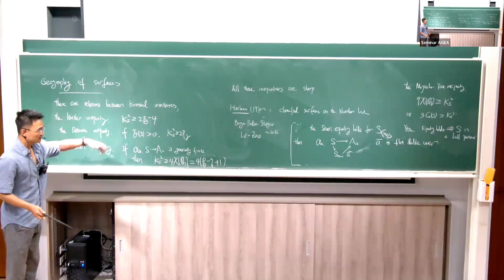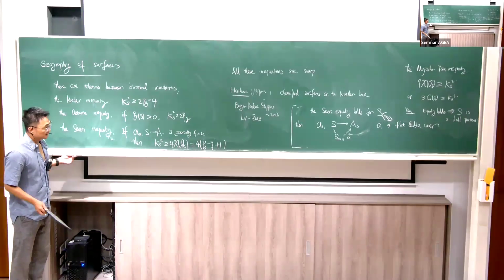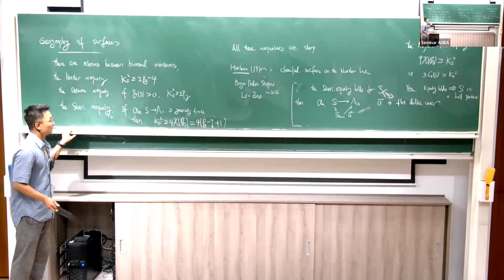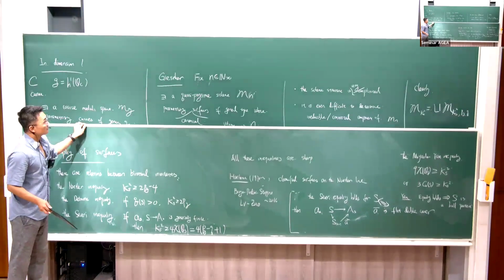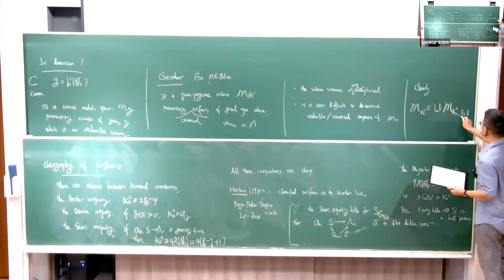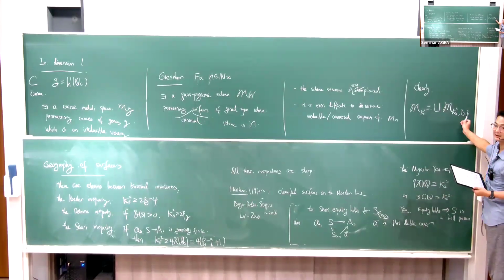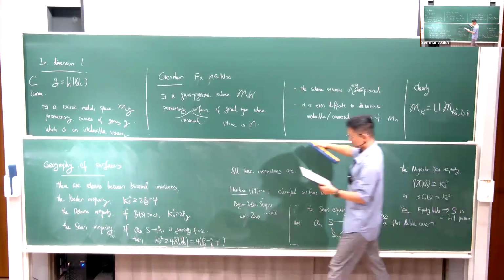This set of inequalities actually gives strong descriptions of the moduli space of surfaces. We see that once we put K square, p_g, and q, they are no longer independent. There are some relations among them.